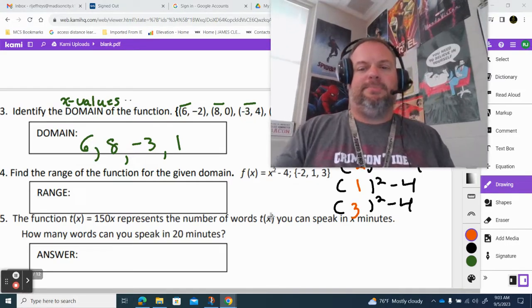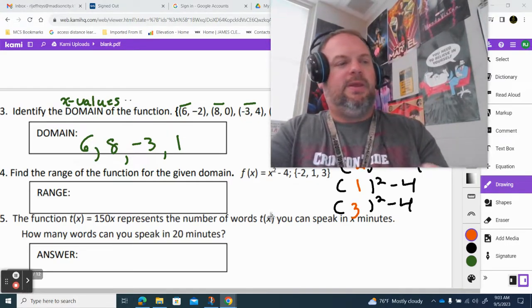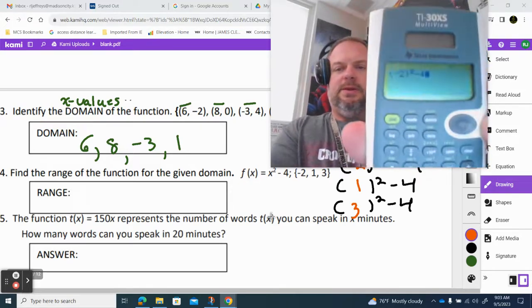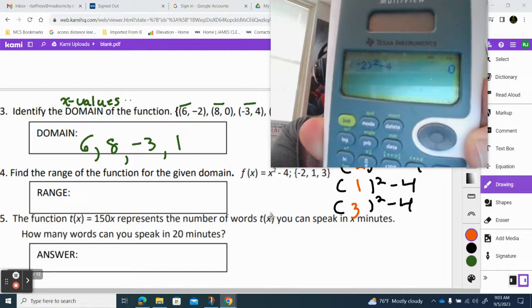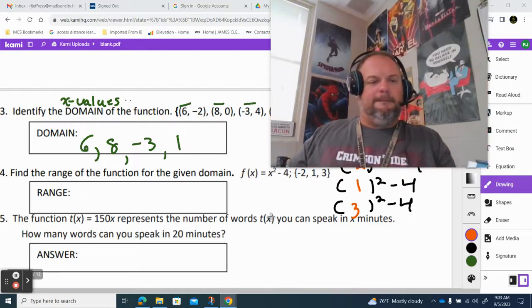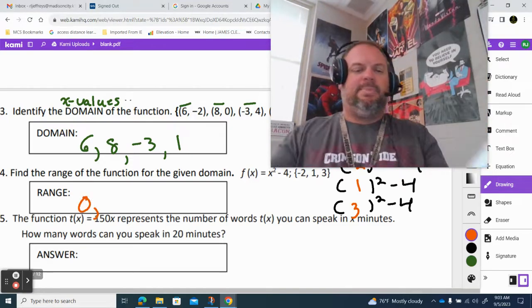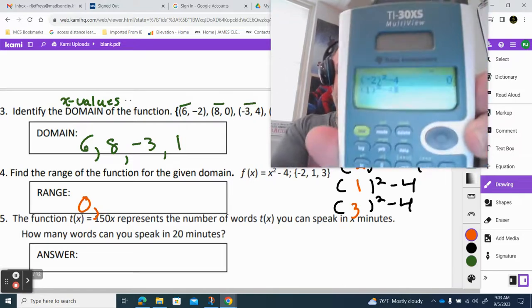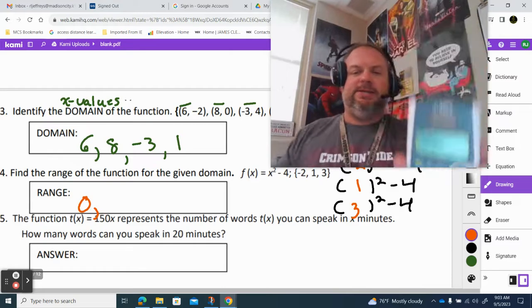And bloop. So, parenthesis -2 squared minus 4, and we get 0. Some of y'all's favorite number. -3.